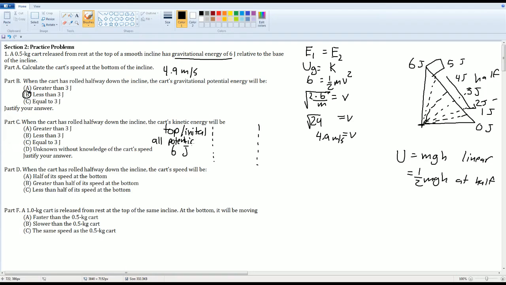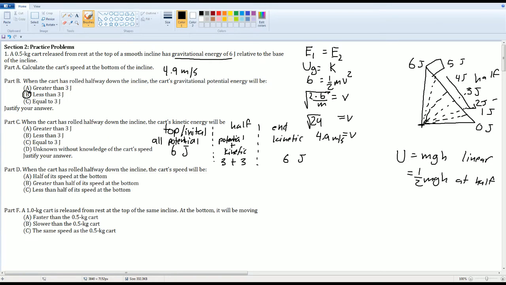At the end, it's all kinetic. Halfway, it has both potential and kinetic. We know at the end it has 6 joules of all kinetic. Here, it's probably 3 plus 3, because it is halfway through.